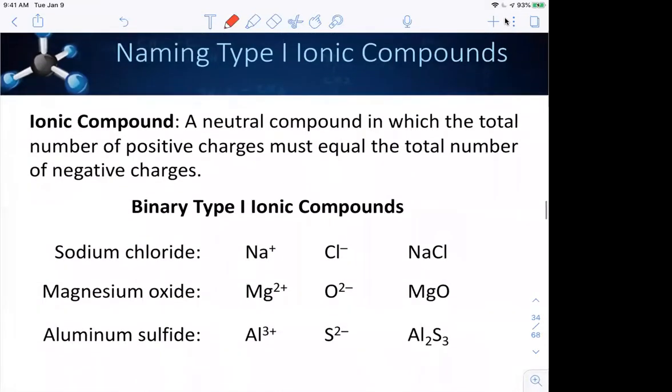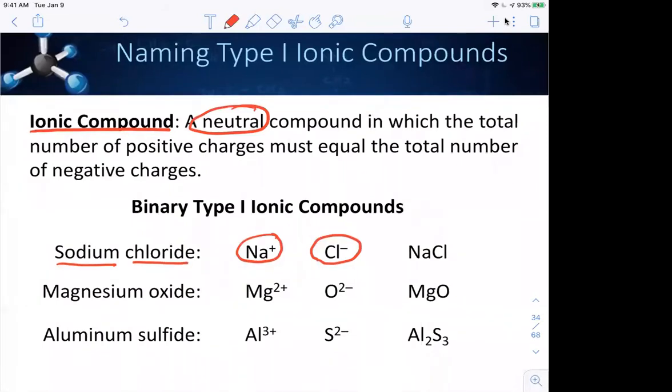So an example, remember with ionic compounds, it's neutral. So the total number of positive charges must equal the total number of negative charges. If I combine sodium and chlorine, sodium will form a +1 because it's group 1A. Chlorine will form a -1 because it's group 7A.